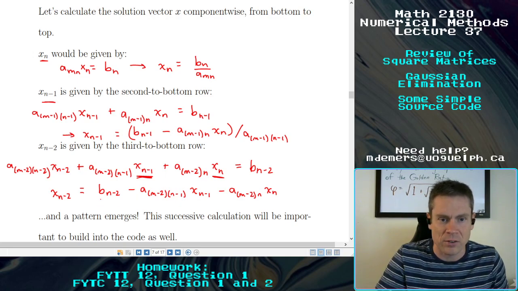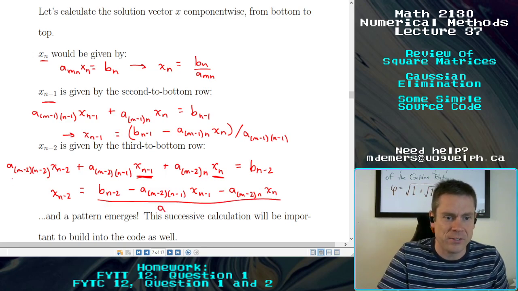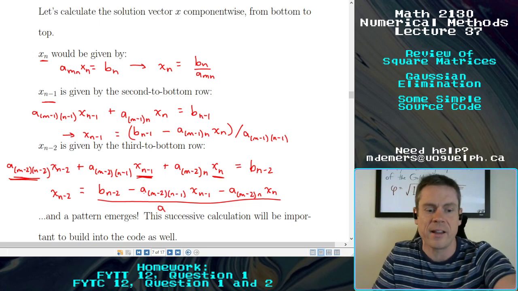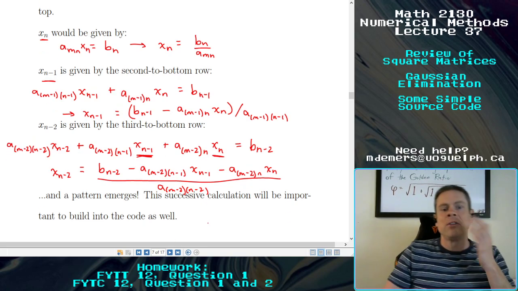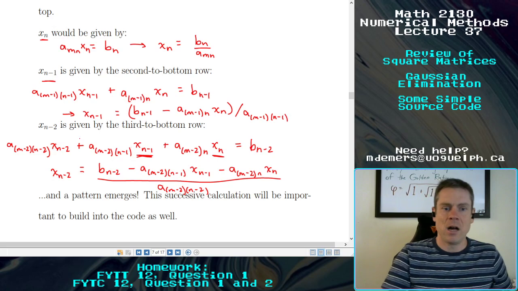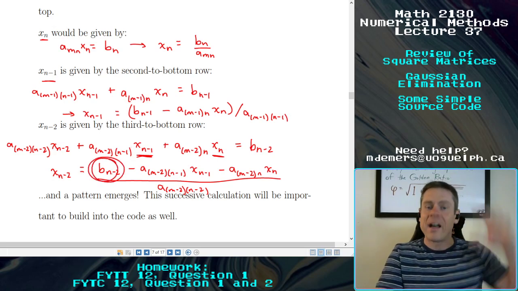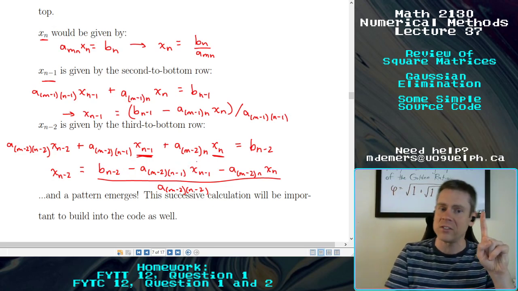And we are going to divide all of that by, again, this quantity right here, the next diagonal entry up, so it's a(m-2),(n-2). So you see this pattern, right? At every step, it looks like we're taking the next b value up. We're subtracting some things, and those things are pretty predictable.